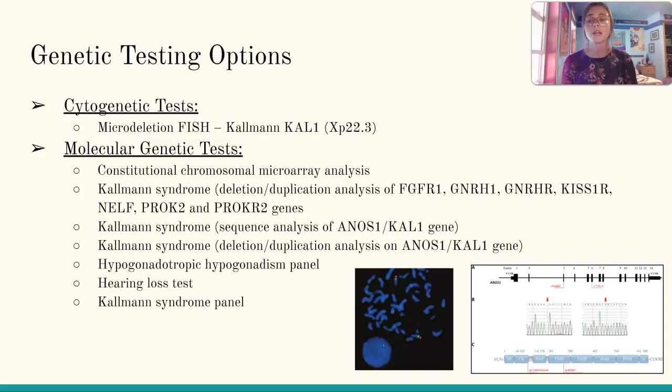With the molecular genetic tests, there are several. There's the constitutional chromosomal microarray analysis, and then there are several sequence and deletion/duplication analyses specifically relating to the ANOS1 gene, which is the common one, also called the KAL1 gene. So these are the same, and these other genes also work with that analysis.